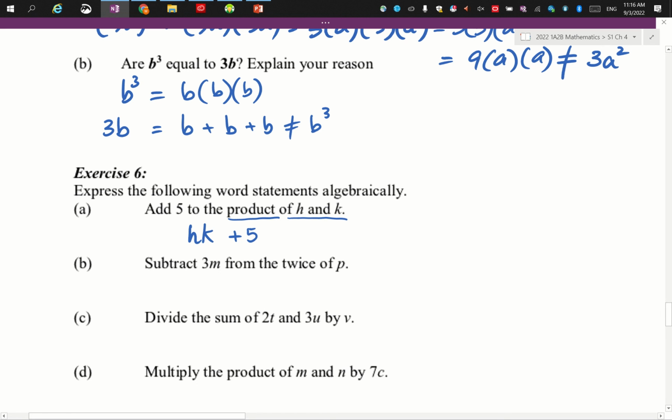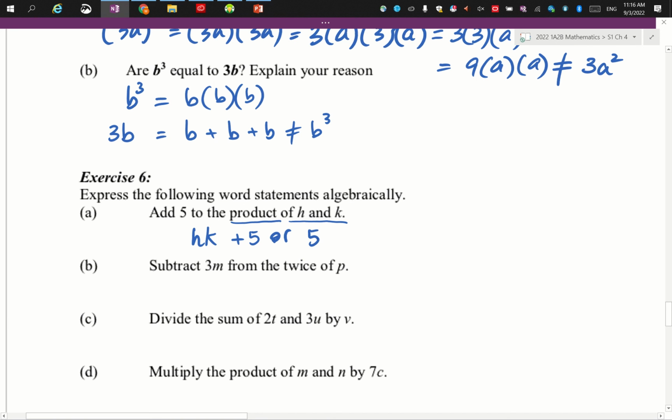Is there any other way of writing this that is acceptable? Or 5 plus hk. Any other acceptable answers? Are you sure? Kh plus 5. Any other acceptable answer? Hk plus 5.